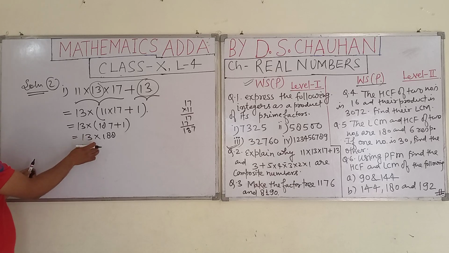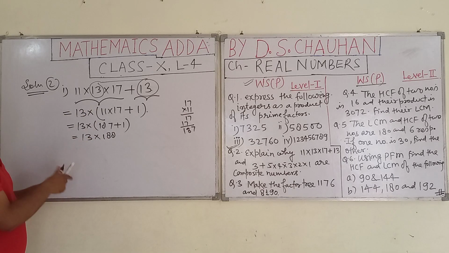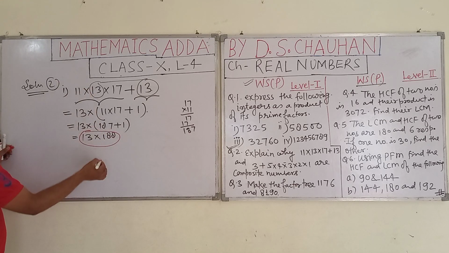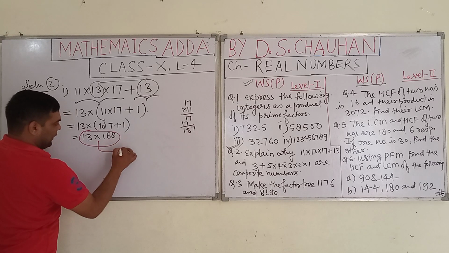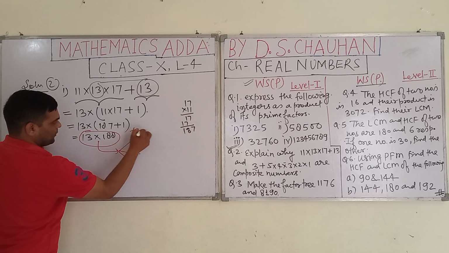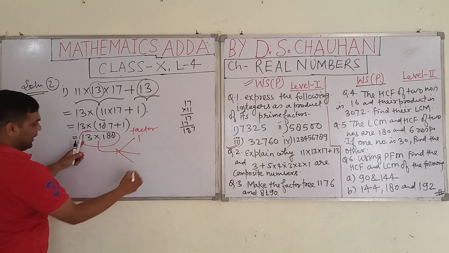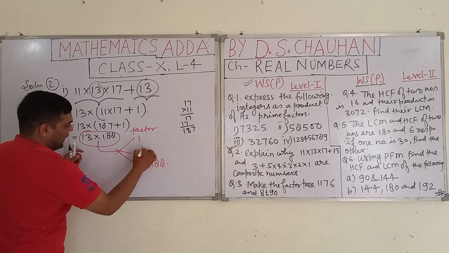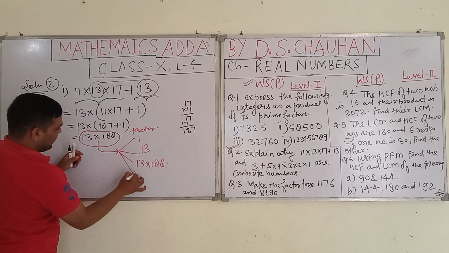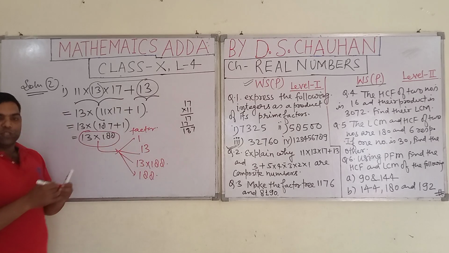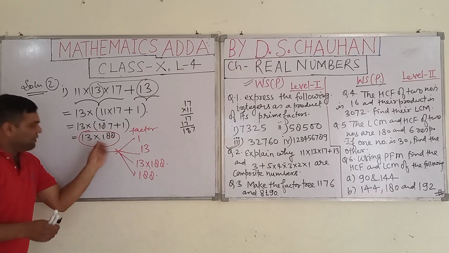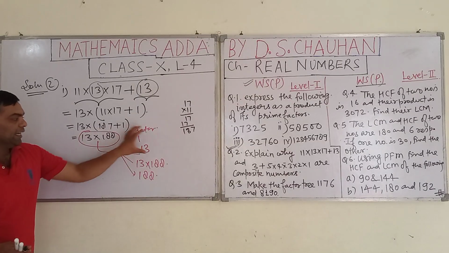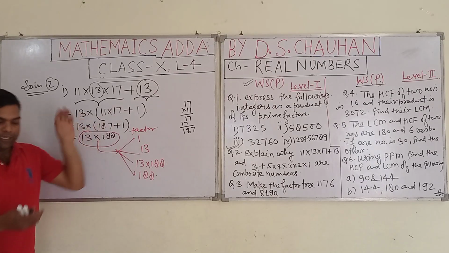Well students, if you look at this number, how many factors does this number have? Whatever this number will come, it has the factor 1 itself, that means 13 into 188, as well as 13 as well as 188. Students, here you are looking that this number has more than two factors. Being more than two factors, this one is a composite number.